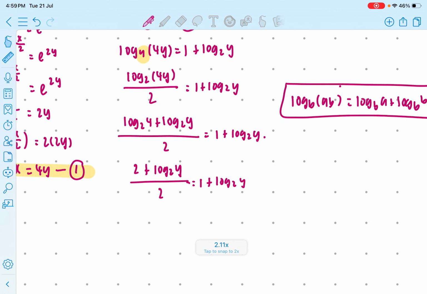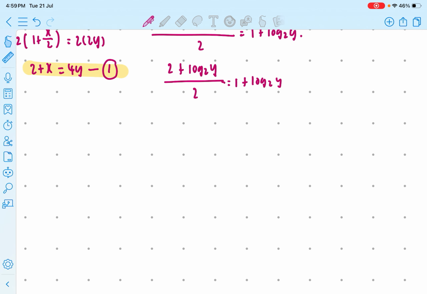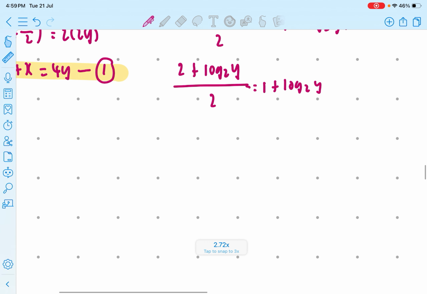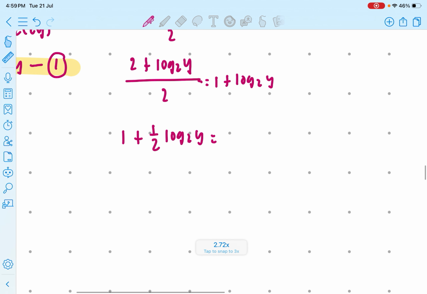Now we split the fraction on the left-hand side. 2 over 2 equals 1, so 1 + half log base 2 of y equals 1 + log base 2 of y.